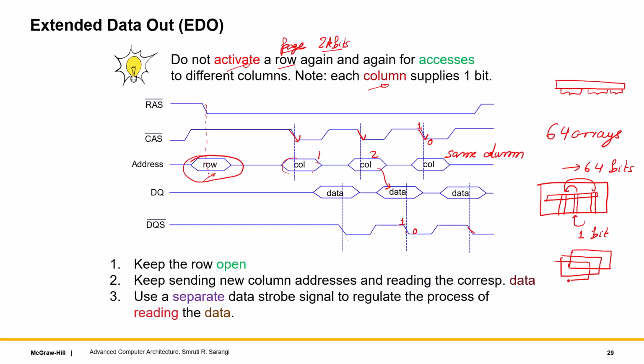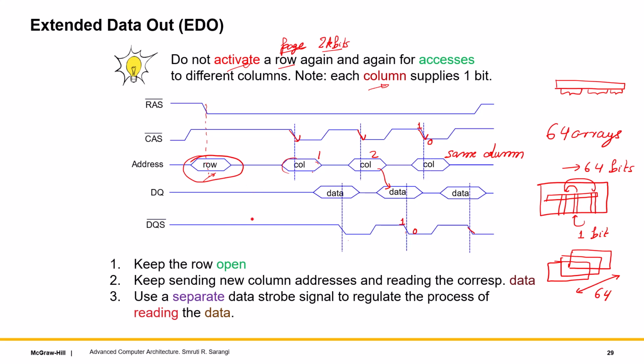Every time you access, you read only one bit from a given row column pair. And if there are 64 or 128 such arrays, you read 64 or 128 bits in one go. But one row is actually one row for every single array, and that's huge. So that's a fair amount of data, and you will see spatial locality.